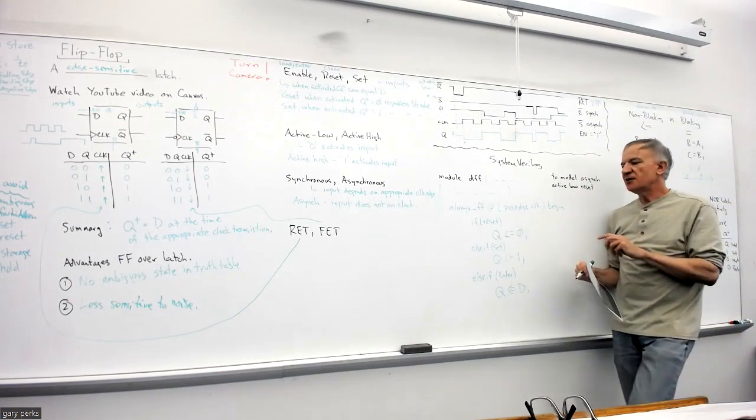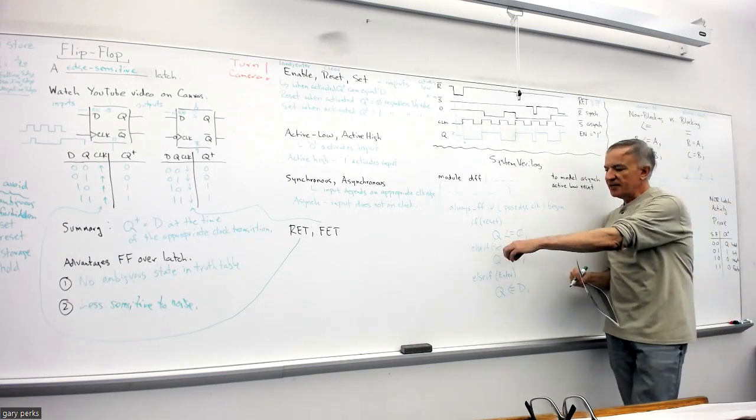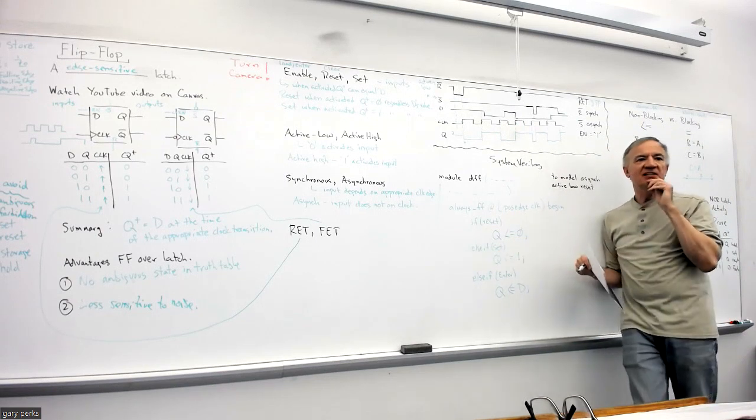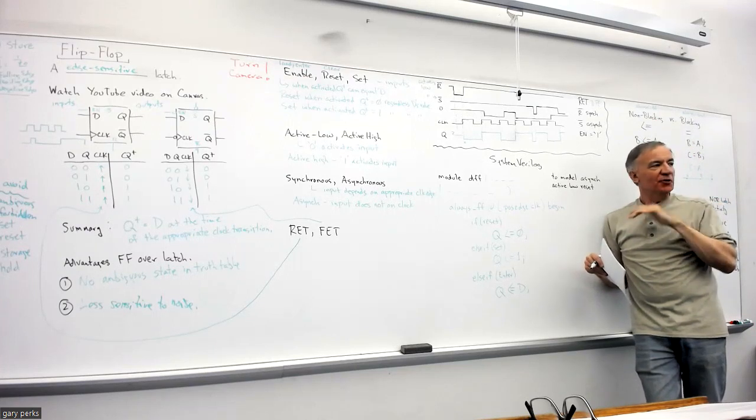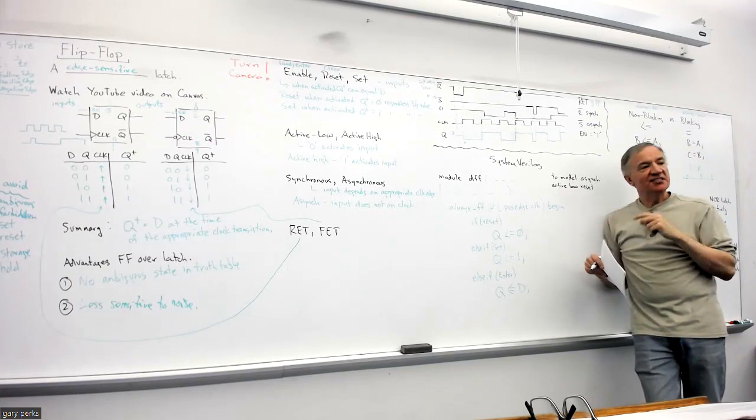So what would you think comes next? I have an if, an else if, and an else if. You think we'd have an else, right? Because in an always comb, prior to today, where we didn't want memory, we have to end in an else. But here, this is sequential. This is a flip-flop.